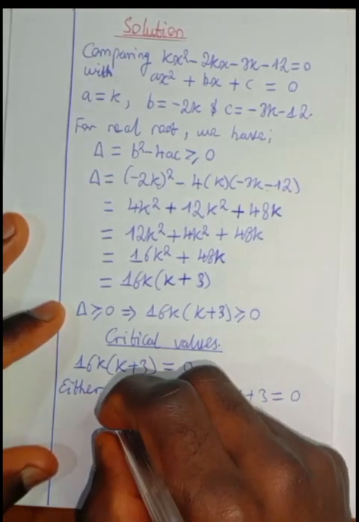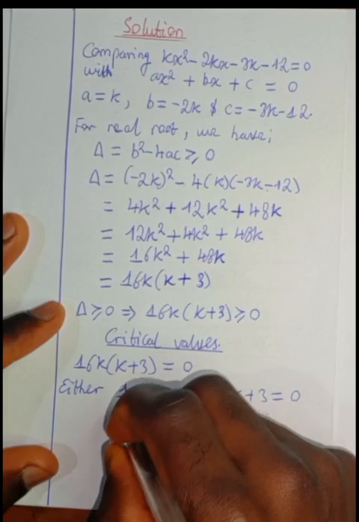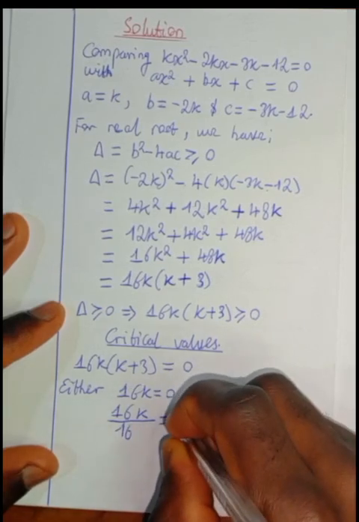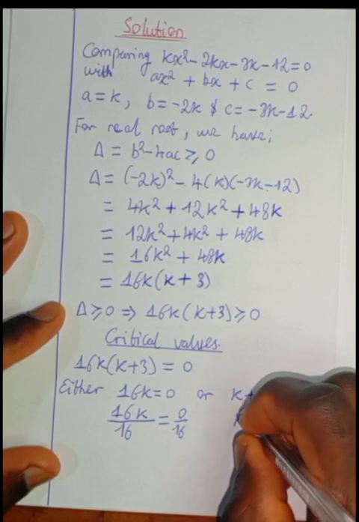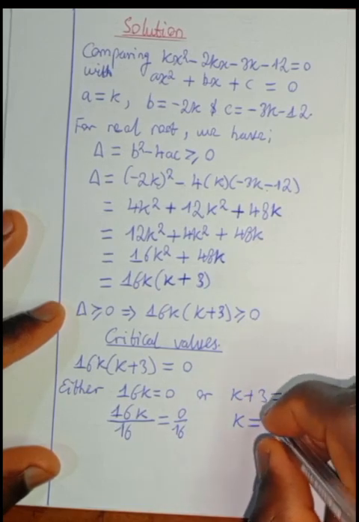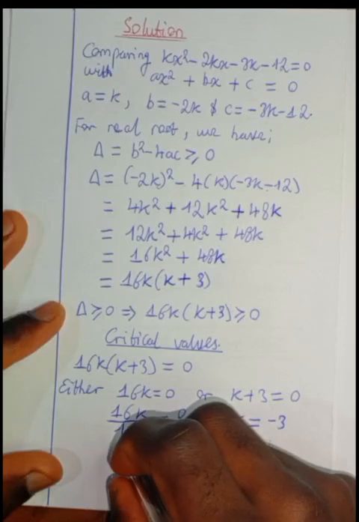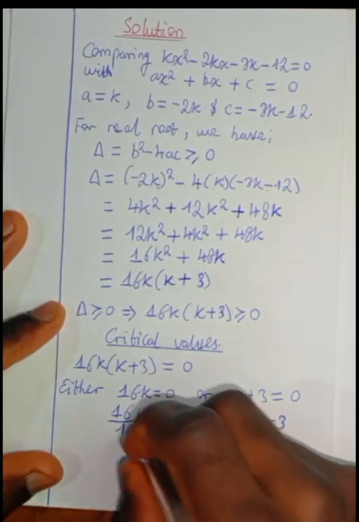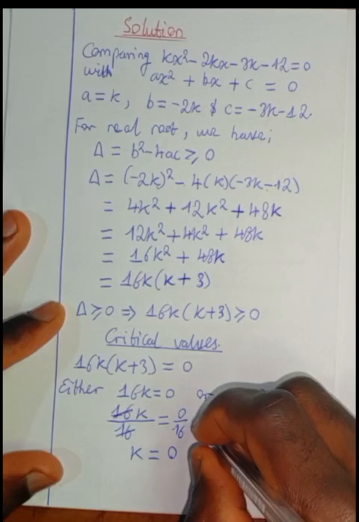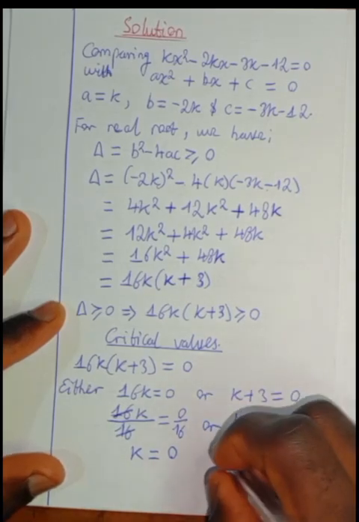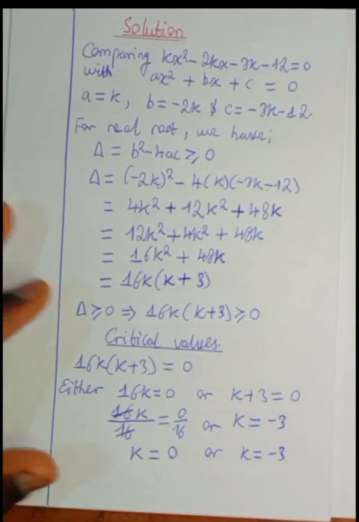To get k, we divide both sides by 16, and we transfer 3 to the right hand side, which becomes negative 3. So k is equal to 0, or k is equal to negative 3. These are the critical values.